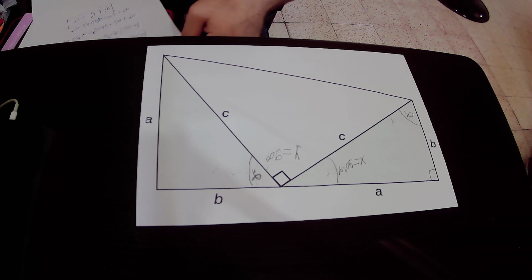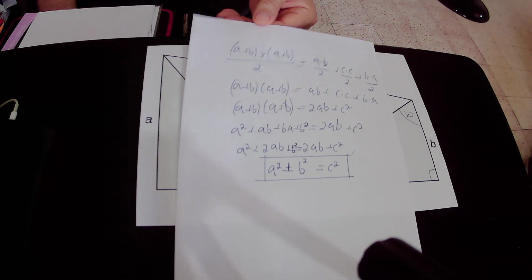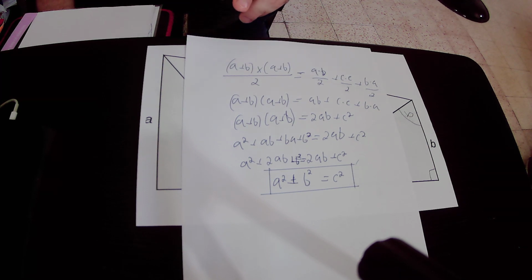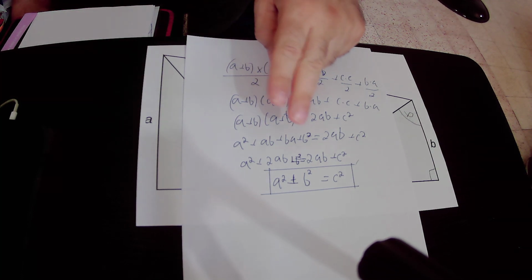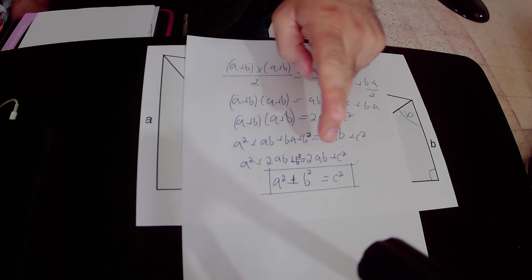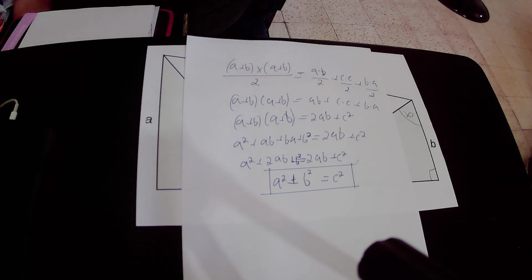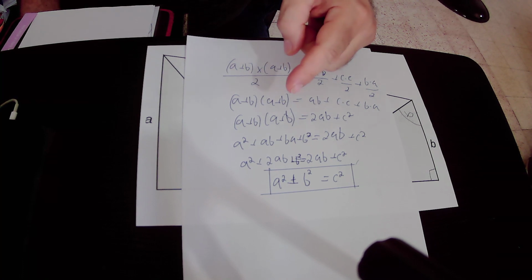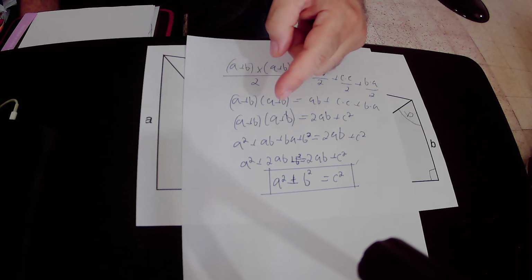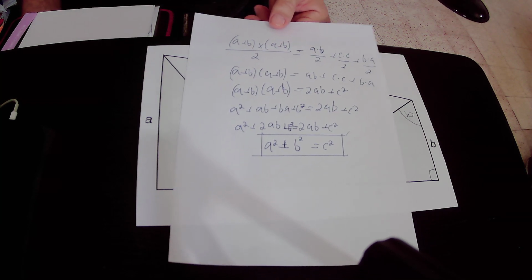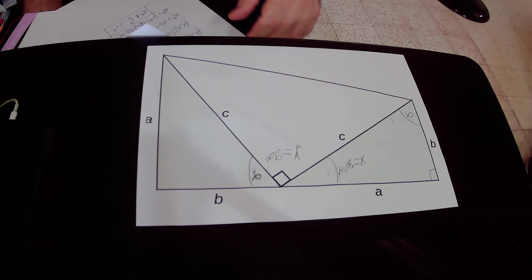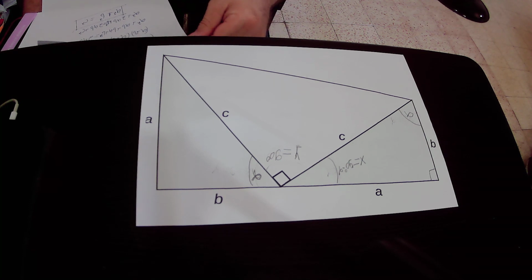And after we made an equation that says that expression 1 equals expression 2, we got to the last result that a square plus b square equals c square, or the square of the hypotenuse equals the sum of the squares of the perpendiculars. Okay, I hope that you enjoyed the lecture and also understood it.